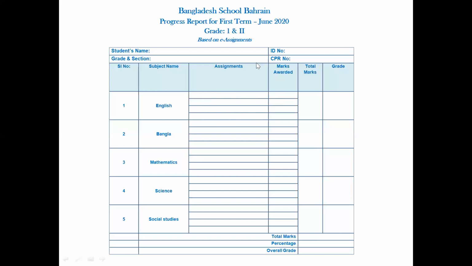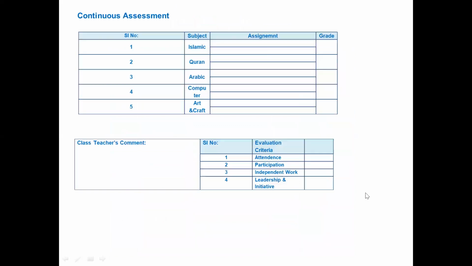If you give an assignment name which is too big and will not fit here, then it will move to the next page, which will look odd. So once you have filled in the whole progress report, you have to mention the total marks, percentage, overall grade, and also let me go to the next part of the same progress report.